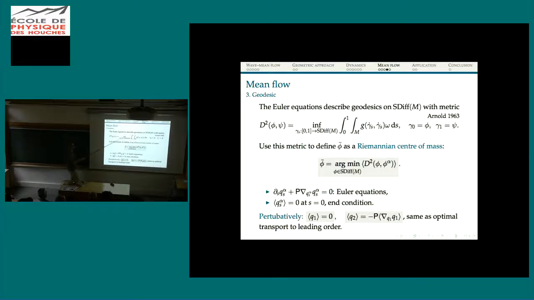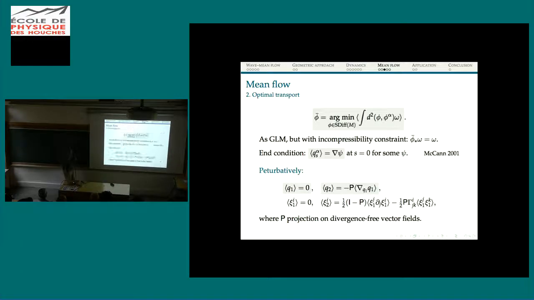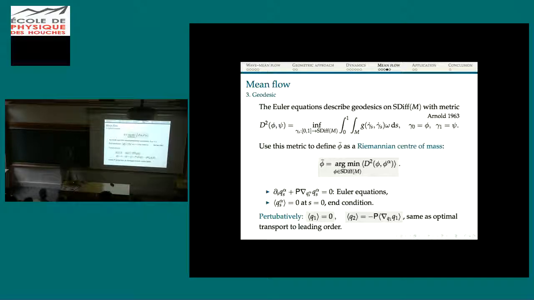So you can just use this and then say, okay, my mean flow will be minimizing the sum of the square distances. Compared to the other two examples, I've just changed my notion of distance to one which is more intrinsic, right? Because in the previous one only the final map was volume preserving. If I think about paths, they were leaving the group of diffeomorphisms and then getting back into it.